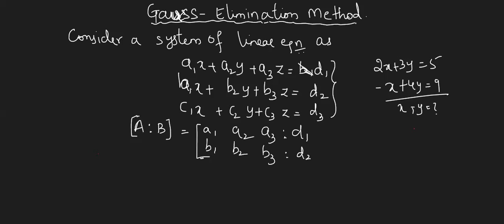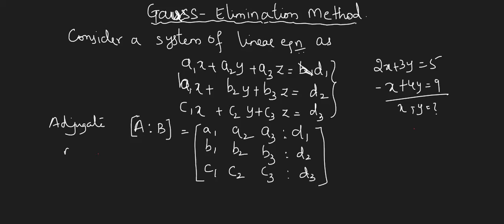I'm writing the elements of the matrix [A|B]. This is just a notation, a simple concept. The third row will be c1, c2, c3, then d3. First we write it in matrix form. This is called the augmented matrix.